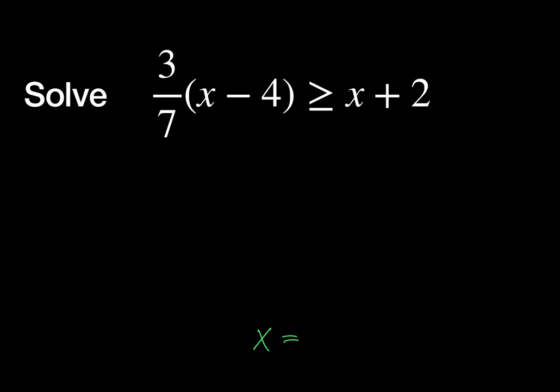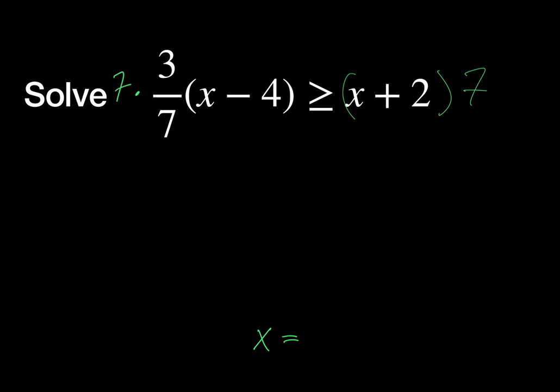Well, that means I need to have x all by itself, numbers on the other side, so I need to start working my way through to get all my x's to one side and all my numbers to the other side. But there's a fraction which causes many people pause. When that happens, if you multiply by the denominator, I can clear that fraction away.